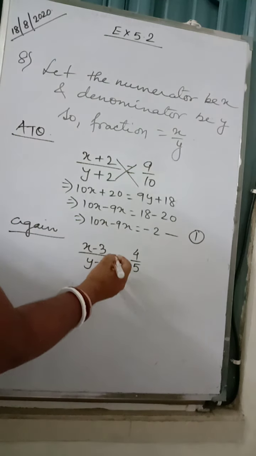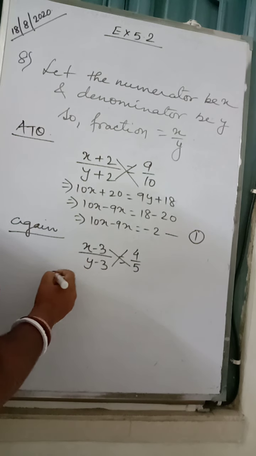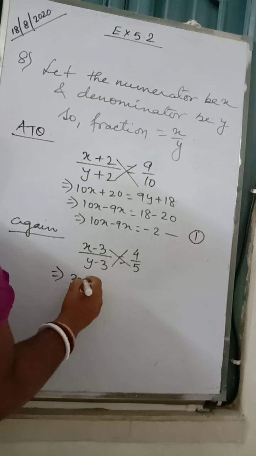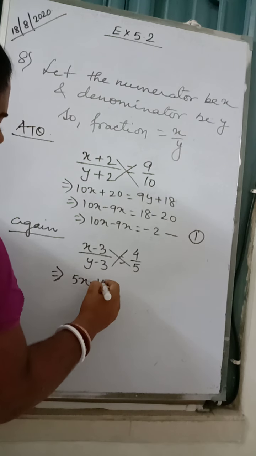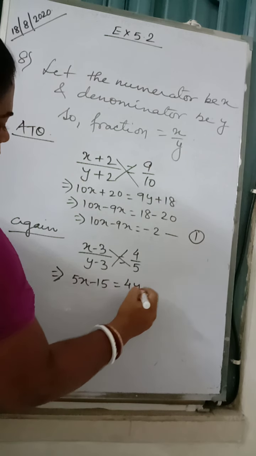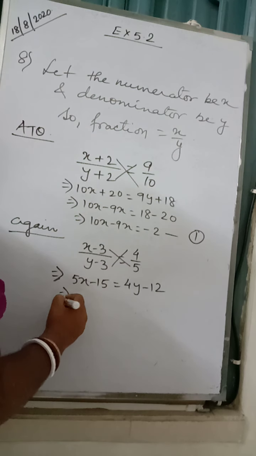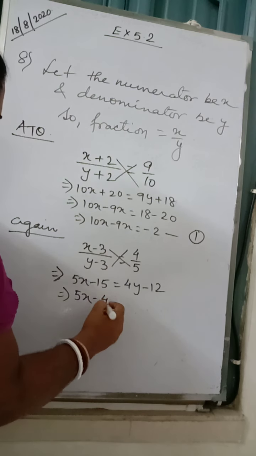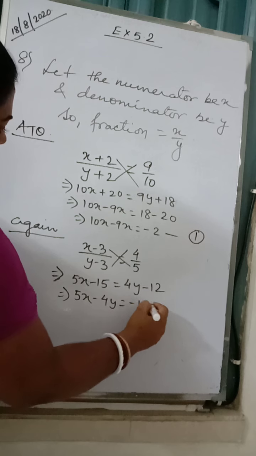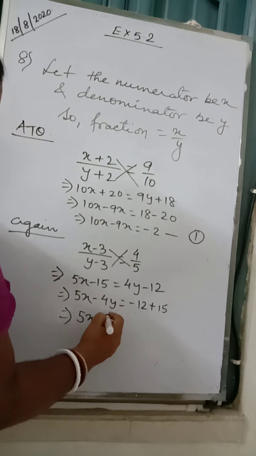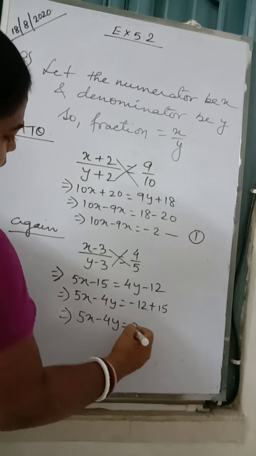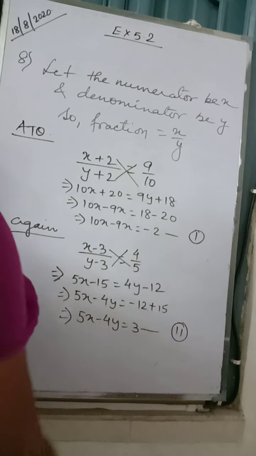Now we cross multiply: 5x minus 15 is equal to 4y minus 12. 5x minus 4y is equal to minus 12 plus 15, so 5x minus 4y is equal to 3. This is equation number 2.